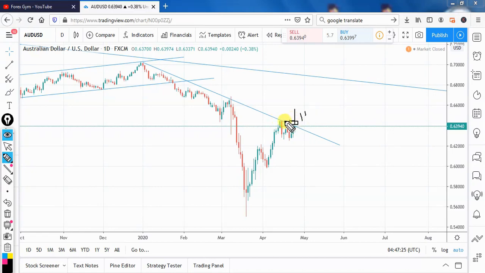So I do want to see a candle close above these highs, which is at 64.40 or so, another 50 pips roughly. It's not that far away, so that's why I need to pay attention to the candles because they are important. For now we will be looking towards the upside, but we want to wait for a break of these highs.